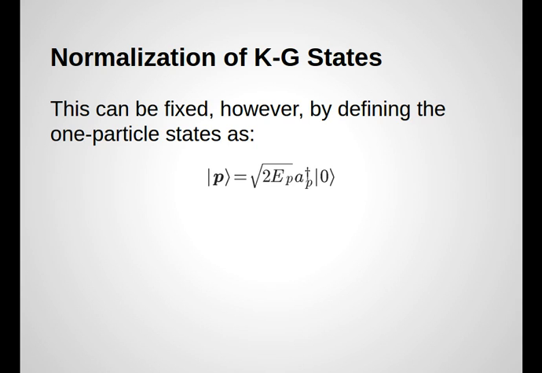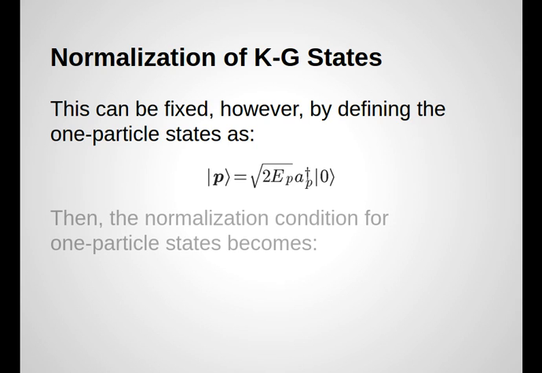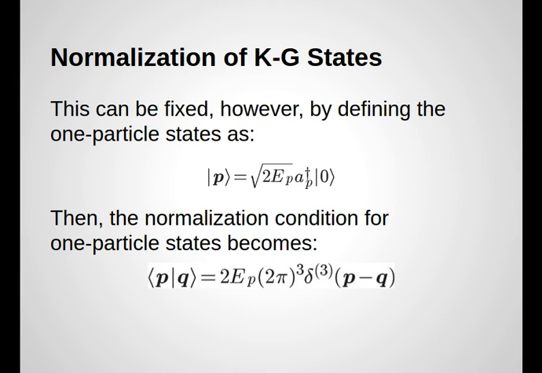And what that does is when you compute the inner product between two one particle states, those energies are going to cancel out some other energy terms. And what you find is that the correct normalization condition for one particle states gets altered by this factor of 2 E_p, all right? And you can go through and show that, you can do a boost or some other Lorentz transformation on this thing and show that it is Lorentz invariant.